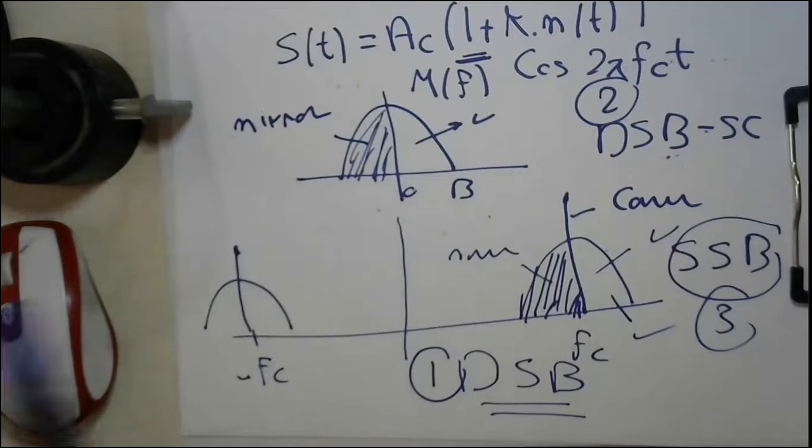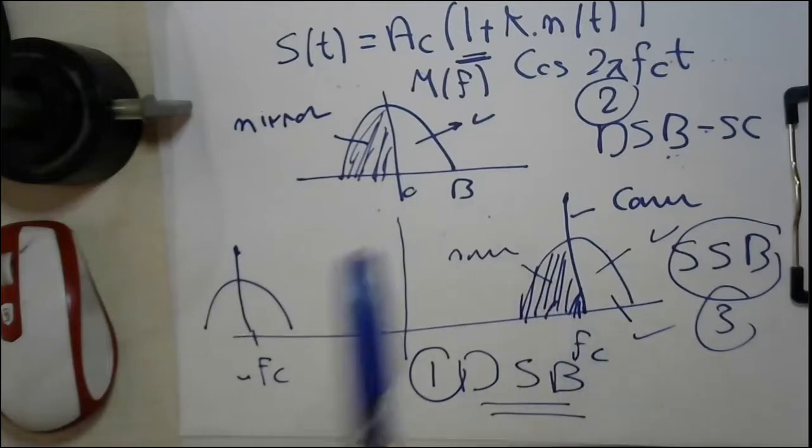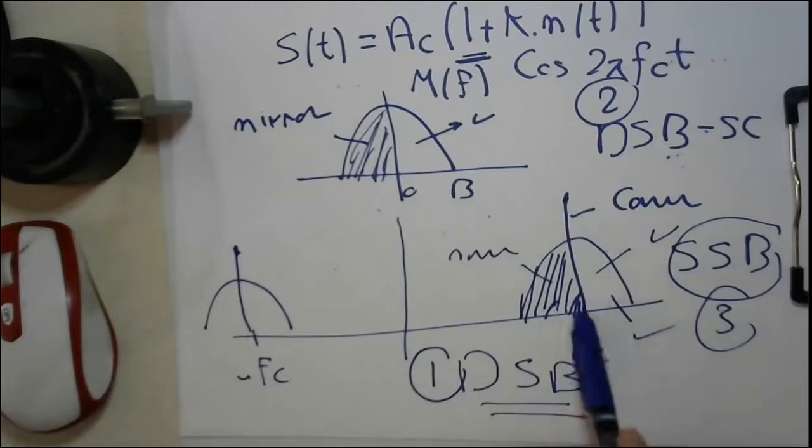I can send only one side of the message. So I will kick out also the redundant part of the message, which is this negative part, and simply I will send only a single side. So this is the third type.